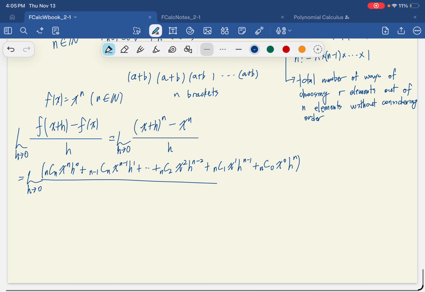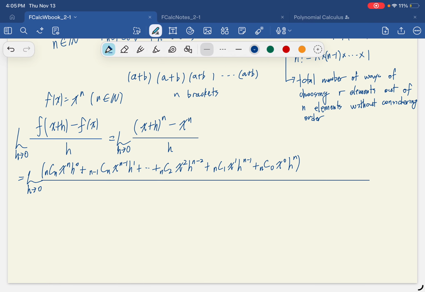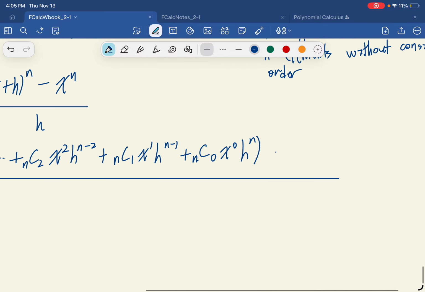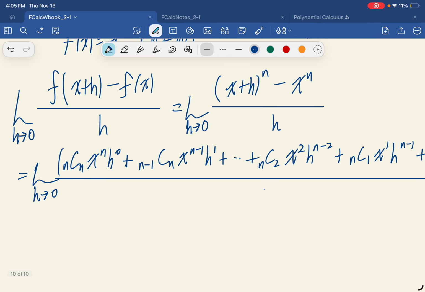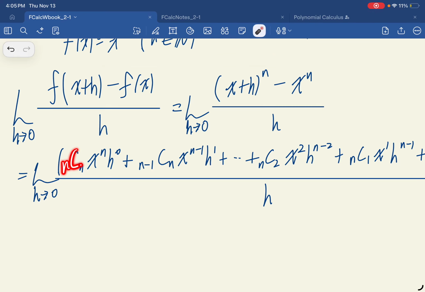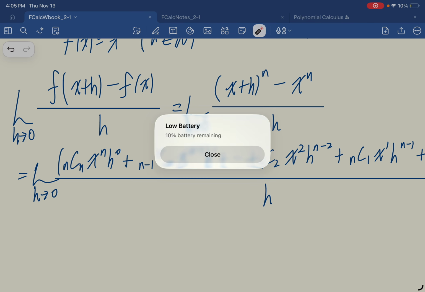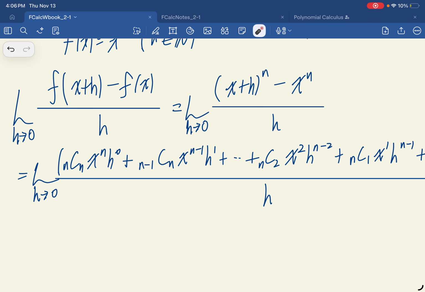Okay, and then a long line for the fraction. And then we're going to subtract x to the power of n. Then we're going to divide the entire thing by h. If you notice here, nCn, what's the number of ways that you can choose n elements from n elements, right?